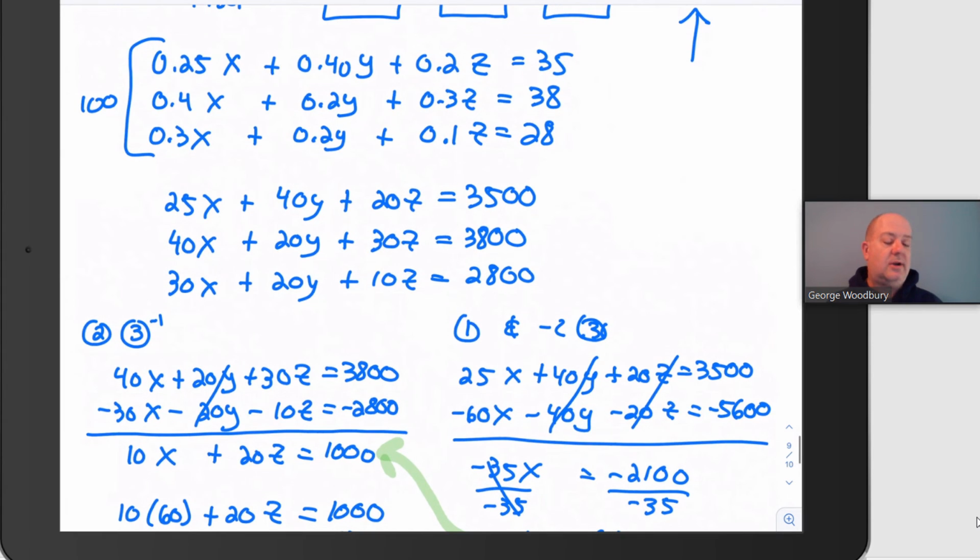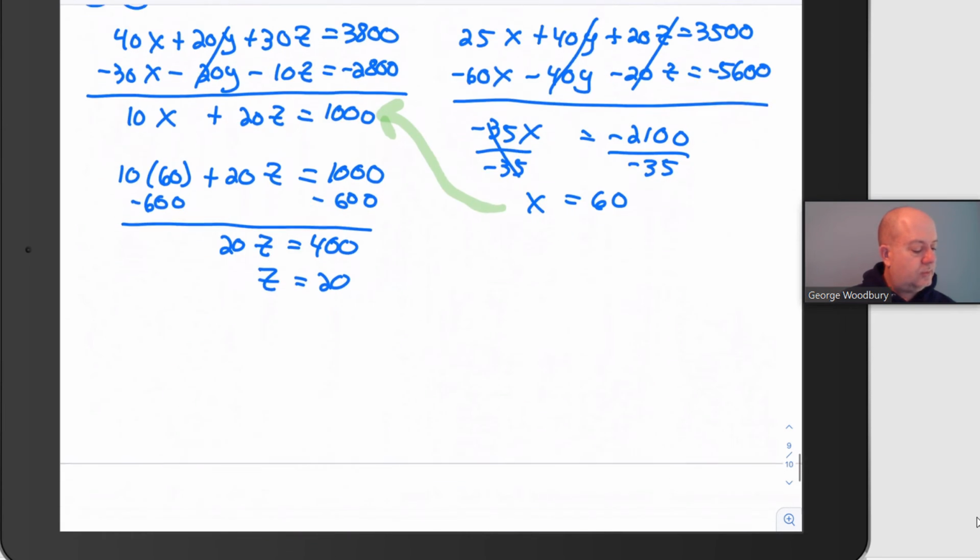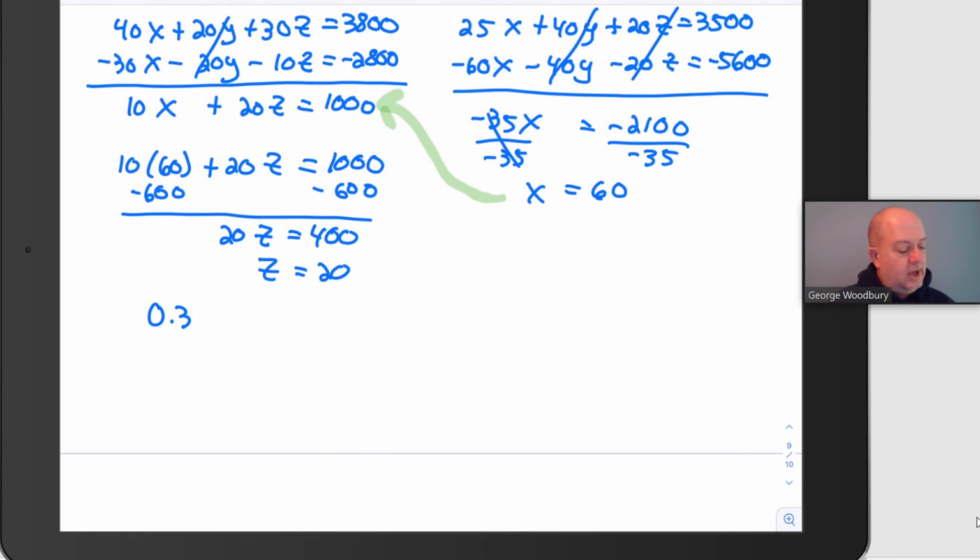I can come back to one of the equations with the decimals, which is probably the best one to use. But if you don't like working with the decimals, you can take one of the 3 new equations we made that got rid of the decimals. I'm going to use the bottom equation with the decimals. 0.3x plus 0.2y plus 0.1z equals 28. Put in 60 for x.